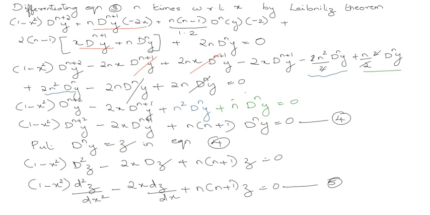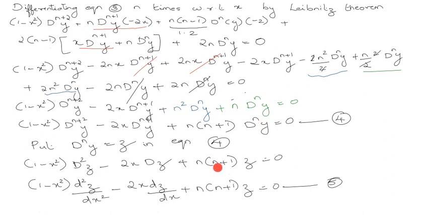So this equation will become now dny has become z. Okay. So what is remaining is d square. Okay. So this equation is 1 minus x square d square z minus 2x into d raised to ny is z. So what is remaining is d minus 2x dz plus n into n plus 1 d raised to ny is z.